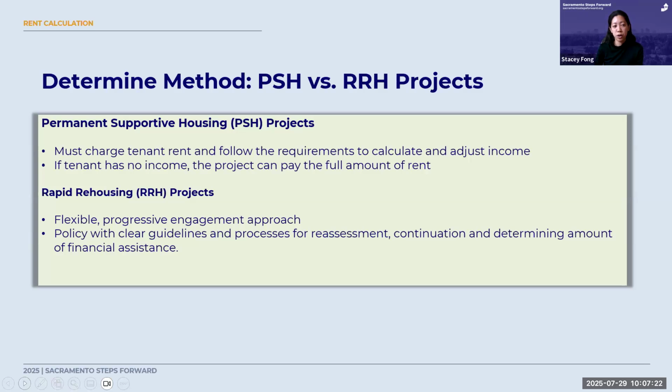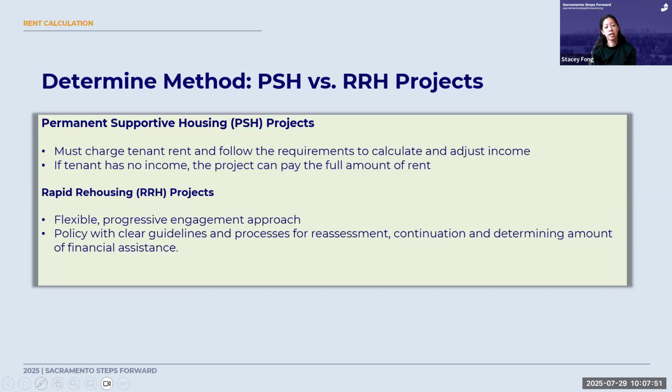If you're a rapid rehousing project, it's a little more flexible. Effective January 2025, rapid rehousing projects now have the ability to take a progressive engagement approach. This is where the case manager works closely with the household to tailor the rent payment plan based on household size, income, and any relevant issues that affect the household's budget.